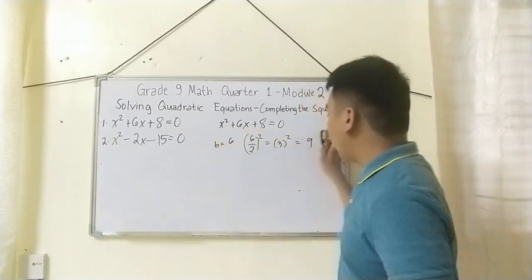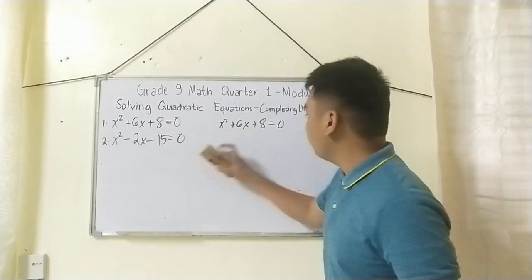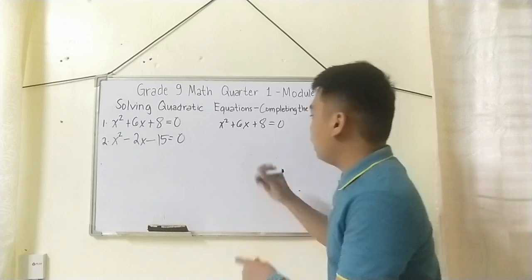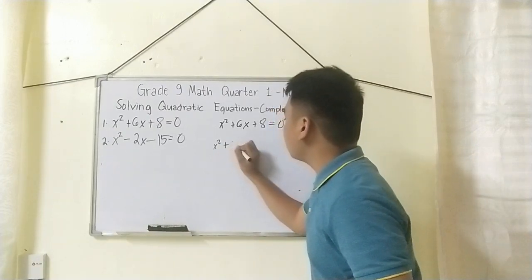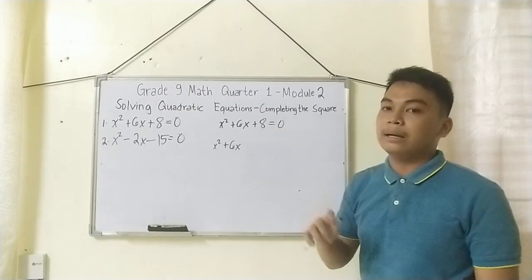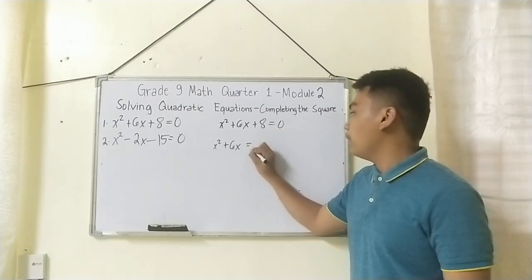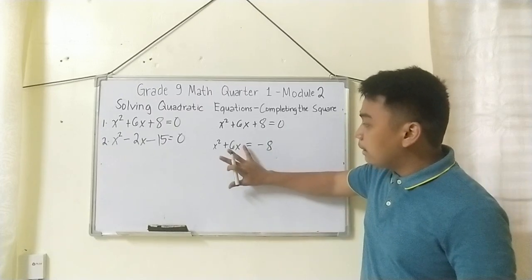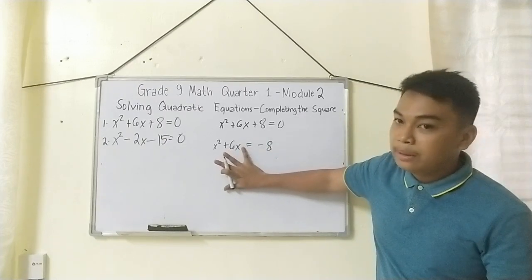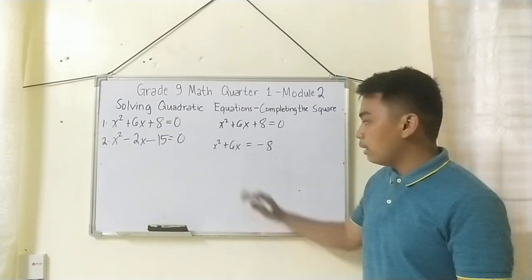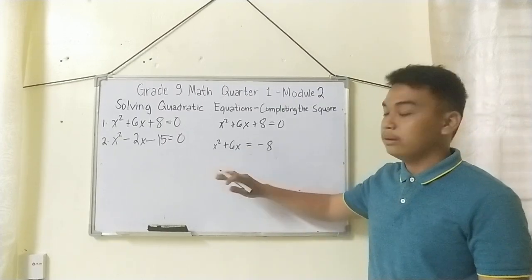So, what we will do, mga ka-habiters, is move the 8 to the right side. So we have x squared plus 6x. Since 8 is positive here, when it crosses to the other side, it becomes negative. So we have negative 8. And we add a constant here to make it a perfect square trinomial. So what do we need to add here?